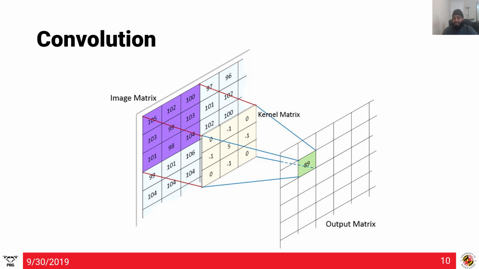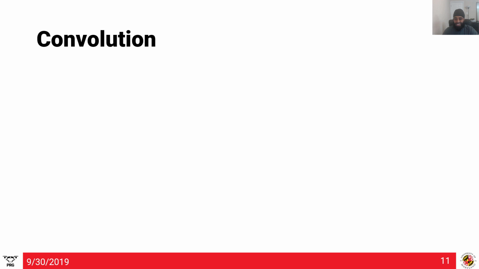Right now, think of it as an operation of changing the pixel values to a new set of values which are based on the values of the nearby pixels. If you don't understand that, don't worry about it, because we are going to go much deeper into it. Convolution is an operation between two functions, let's say f and g, which results in another function depicting how the shape of the first function is modified by the second function.